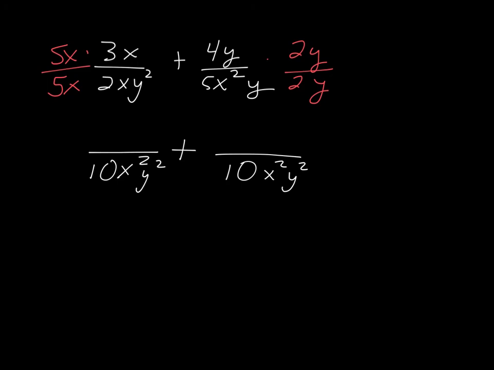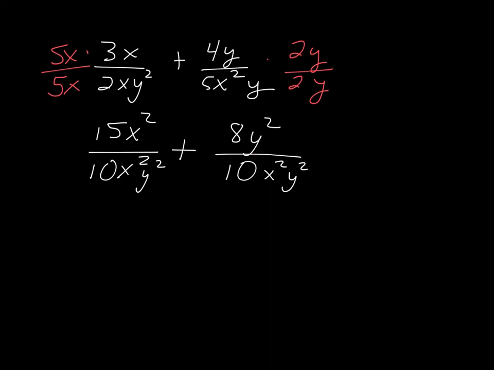So now, over here we have 15x squared. And over here we're going to have 8y squared. All I did there is multiply this times this to make this, and I multiplied this times this to make this.